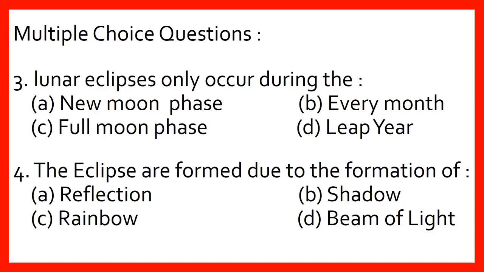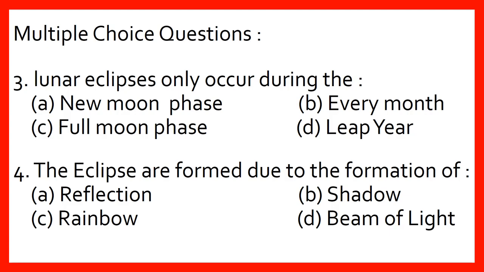Multiple choice questions. Question number 3. Lunar eclipses only occur during the option A. New moon phase. Option B. Every month. Option C. Full moon phase. Option D. Leap year.